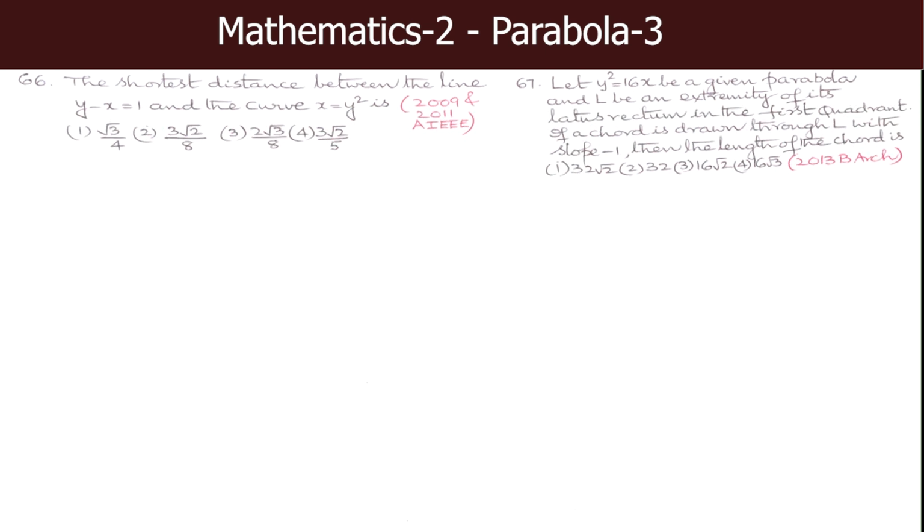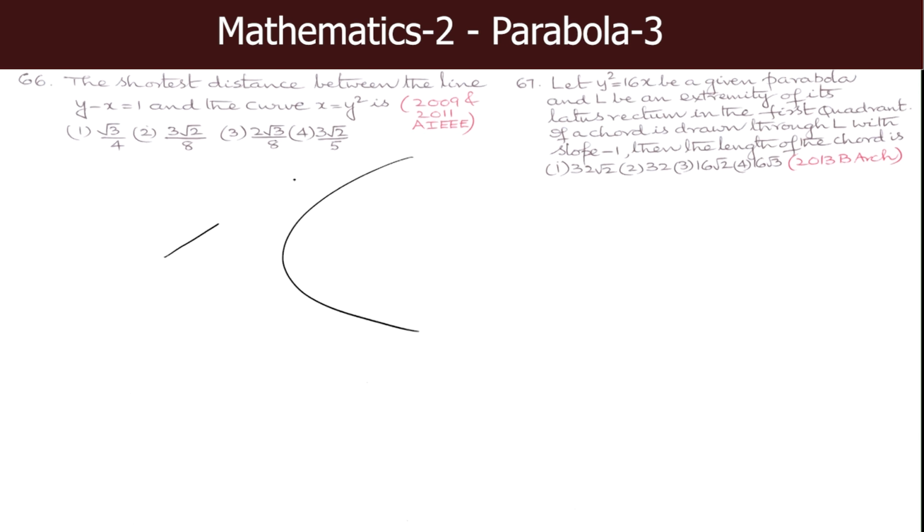Next, the shortest distance between the line y minus x equal to 1 and the curve x equal to y square. What is the shortest distance between the line y minus x equal to 1 and the parabola x equal to y square, or y square equal to x?